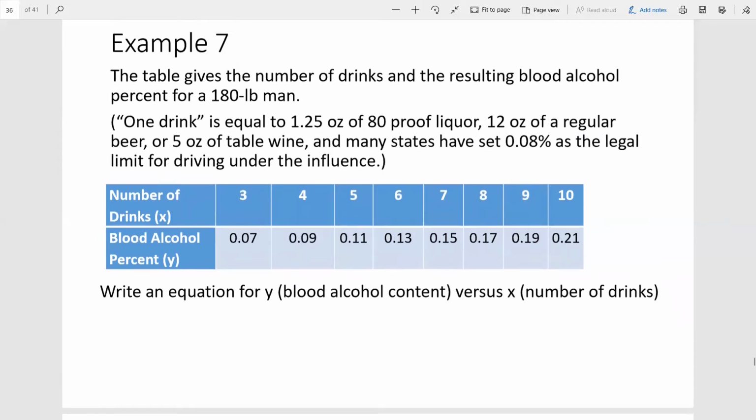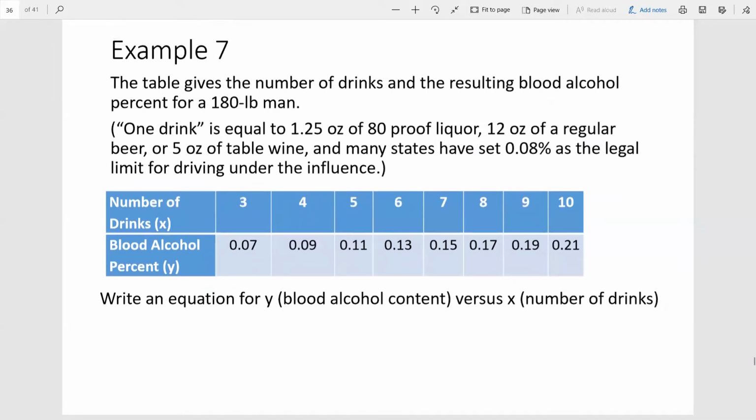Now, here's an example that gives a number of drinks and the resulting blood alcohol percent for a 180-pound man. And here is the definition of one drink. I'll let you read that.